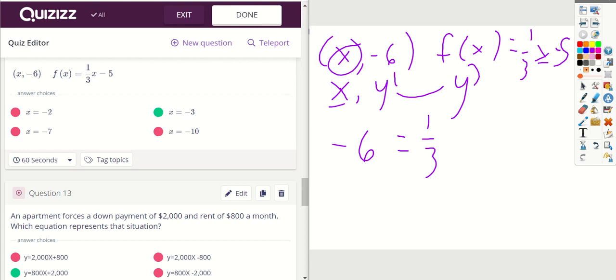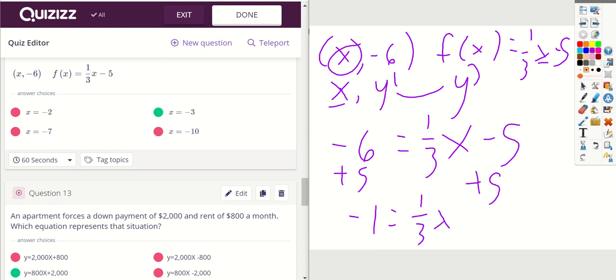It just happens to still be x, so we can leave it. If it was a number, we would change that x with that number. I'm going to add 5 to both sides. I have -1 is equal to 1/3 x. Divide by a fraction really means multiply by the reciprocal, and I get x is equal to -3 over 1, or just -3.